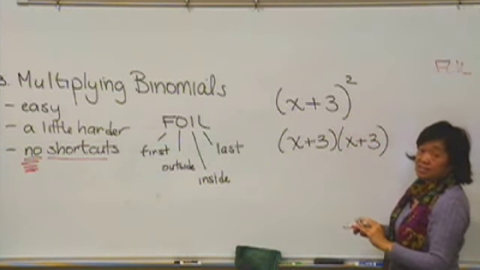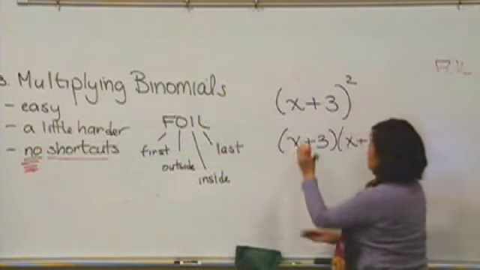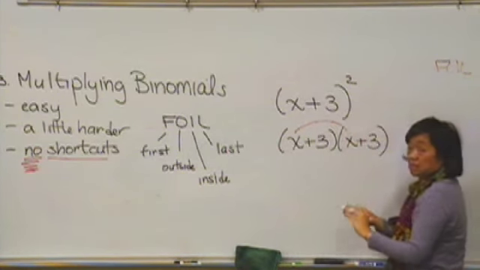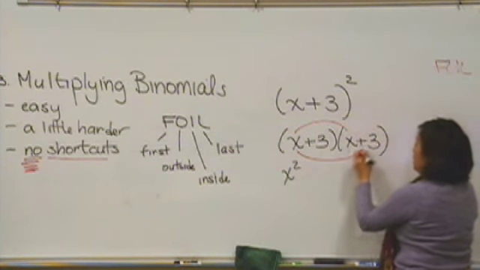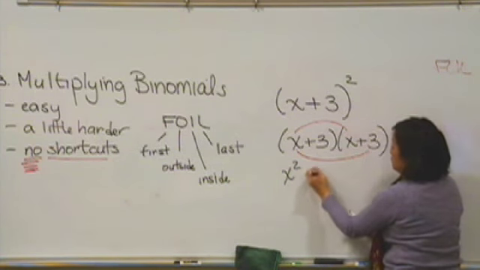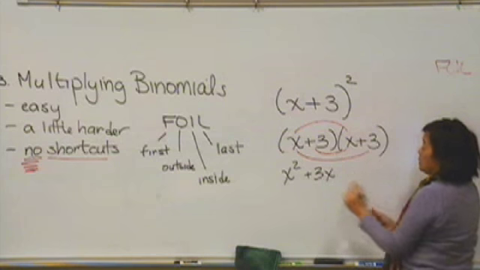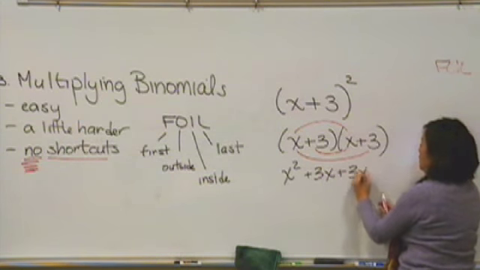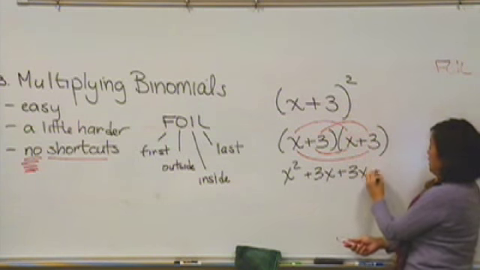And then once that's done, you're going to again use your first, outside, inside, last. The first ones, x times x is x squared. The outside ones, x times 3 is 3x. The inside ones, 3 times x is 3x. And the last ones, 3 times 3 is 9.